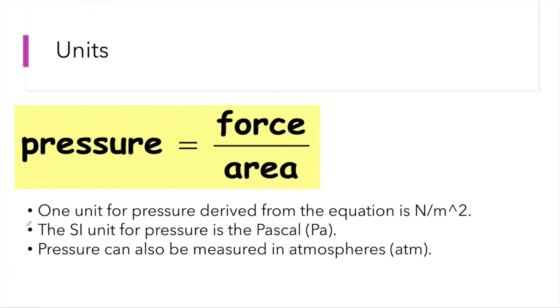Basically, this all depends on what you're given. So pressure can either be in atmospheres or it can be in pascals. Force is written as newtons, and then area is in meters squared, which is why this is there.